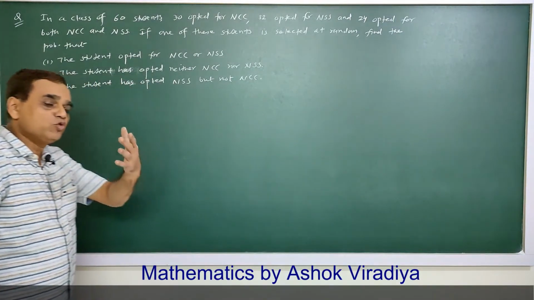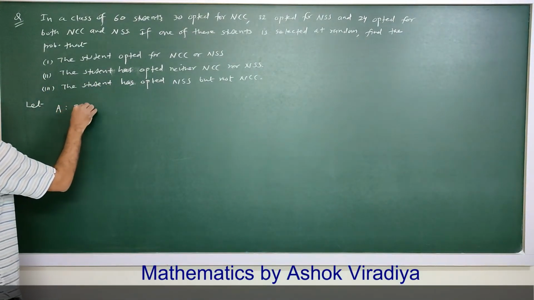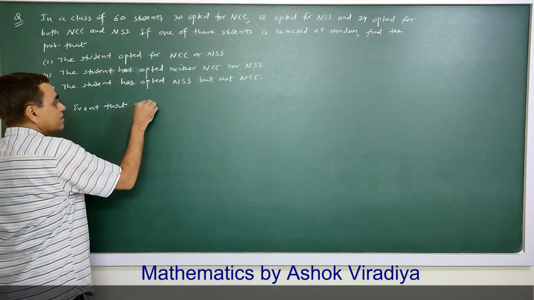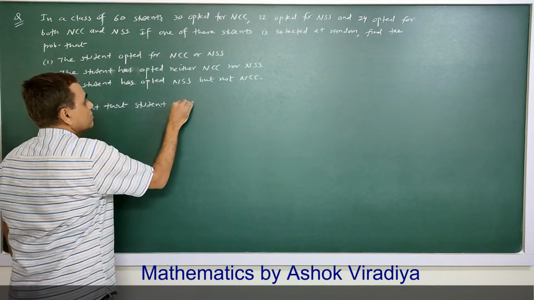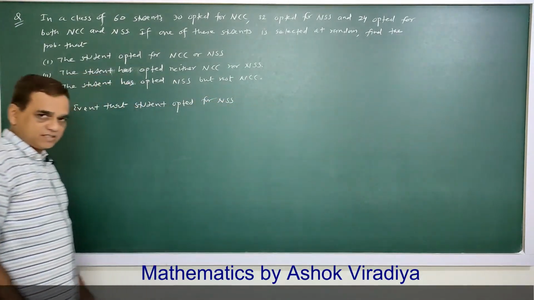So let me assume two events. Let A be the event that the selected student opted for NCC, and B the event that the selected student opted for NSS.